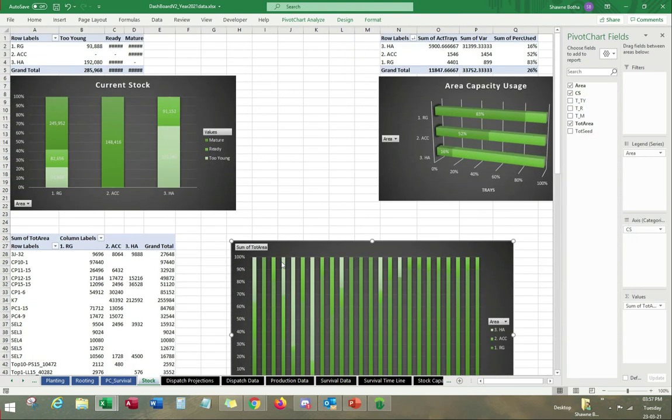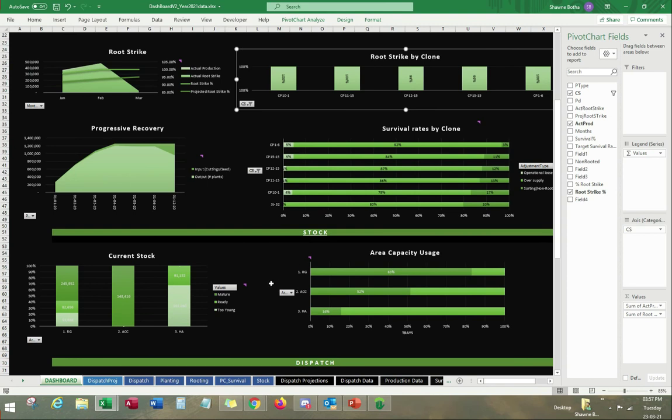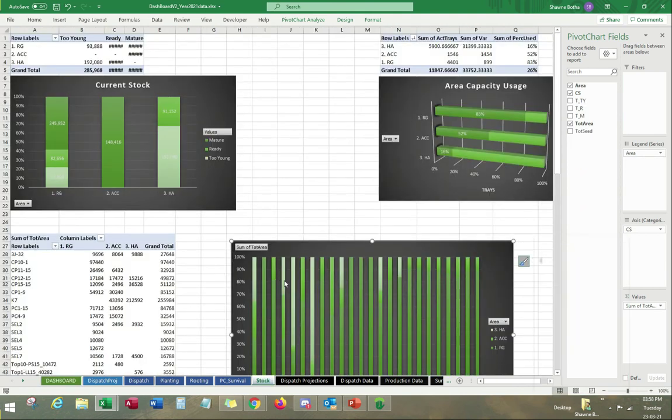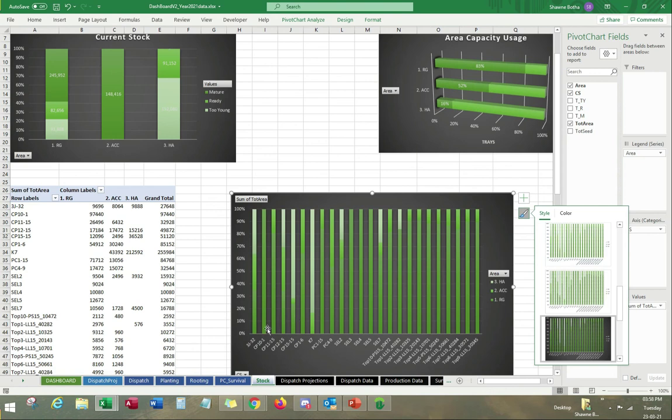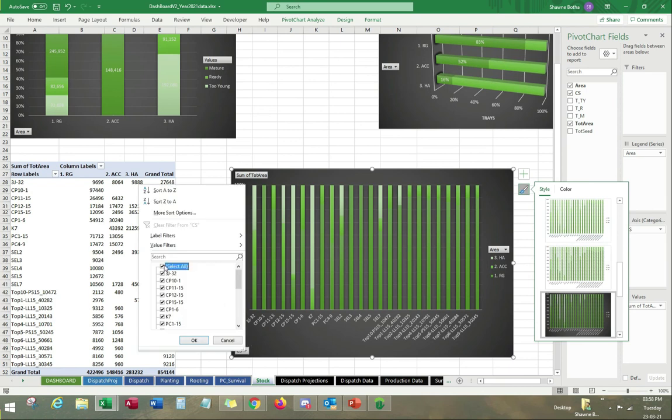Going from the dashboard with the stock, you may have other questions. You may have other ways you want to put this data together. For instance, I've just built this quickly while I was thinking. You may want to know where your stocks are for each clone. So again, let's simplify it by taking just your CPs.